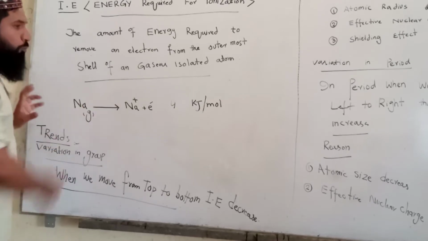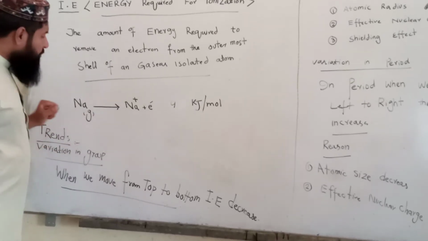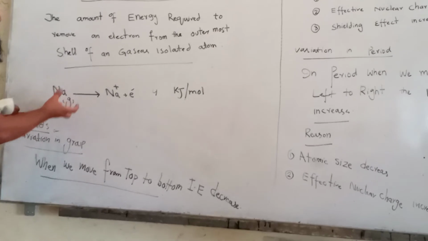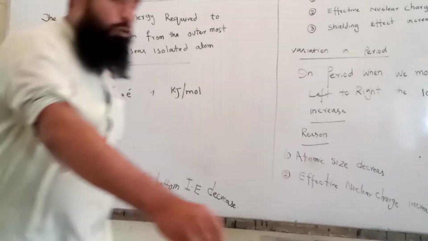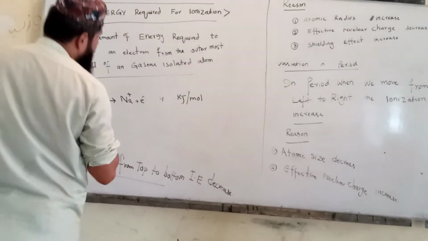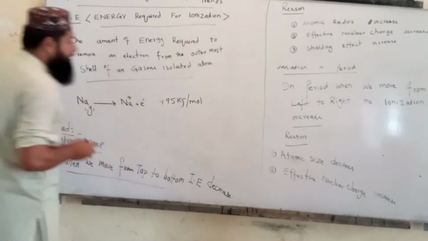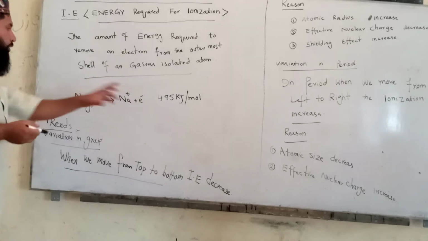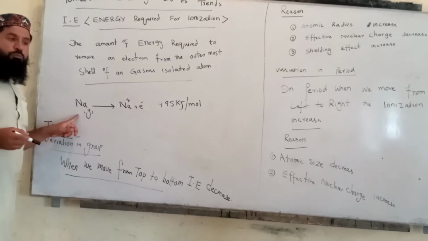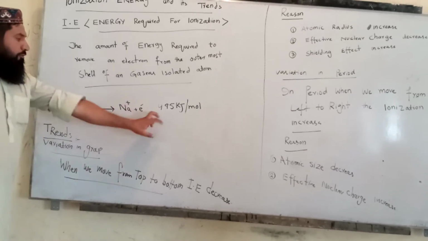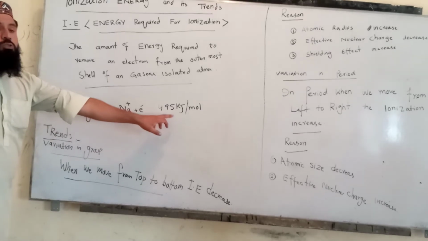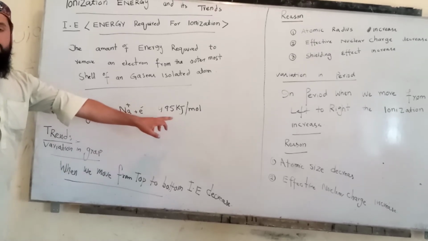So when we give it an energy of 495 kJ per mole, sodium will require 495 kilojoule energy.